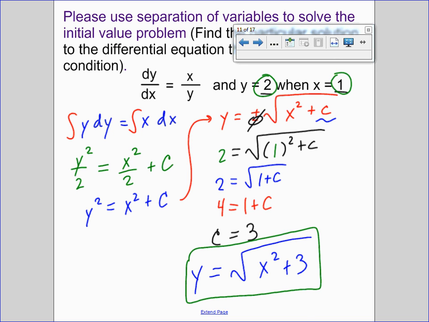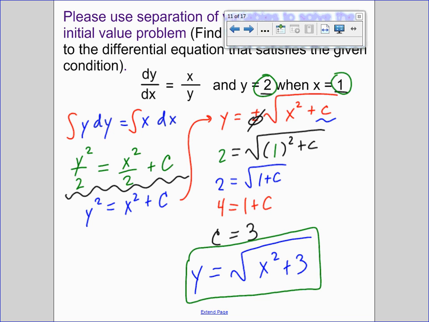Okay. Now I want to go right back here. After we had integrated both sides, right? That's our first place that we would have been allowed to find our value of c. If we had chosen, we could have plugged in 1 right here for x and 2 right here for y. Okay? So quickly, I just want to show how we would have gotten the same thing.